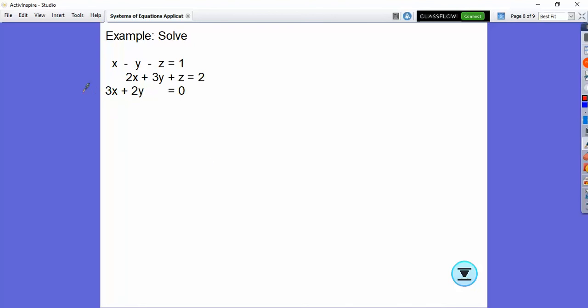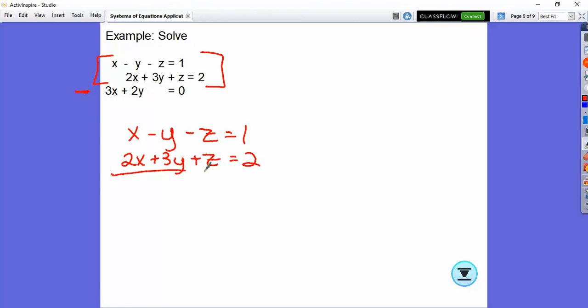If you look at this one, what do you notice? Yeah, the bottom one doesn't have a Z in it. So what I would do is take the other 2 and eliminate Z. That'll be a huge time saver. And I'm not even going to have to do any work to do that. So you get 3x plus 2y equals 3.